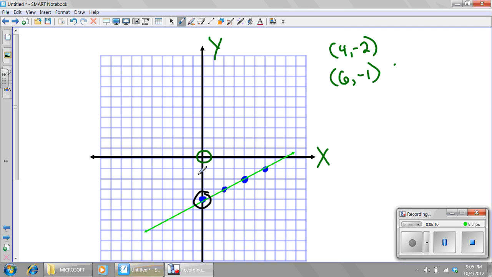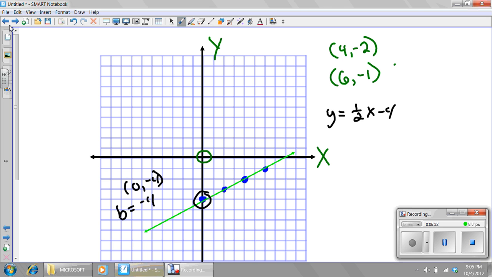What are the coordinates of my y-intercept? Well, they'd be 0, -4. And didn't I solve for b to be -4? So without the graph, I can find the slope and the y-intercept by just doing a little bit of algebra. So the equation of this green line would be y equals 1/2 x minus 4.